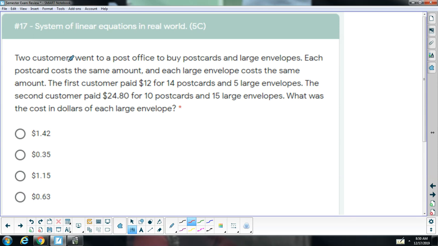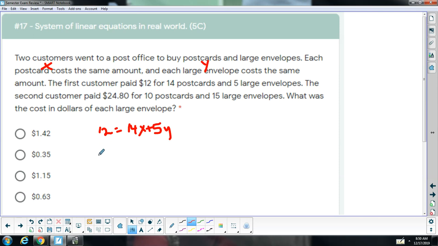So first, I'm going to say that my postcards are X and my large envelopes are Y. So on this first equation, this person paid $12 for 14 postcards and 5 envelopes.